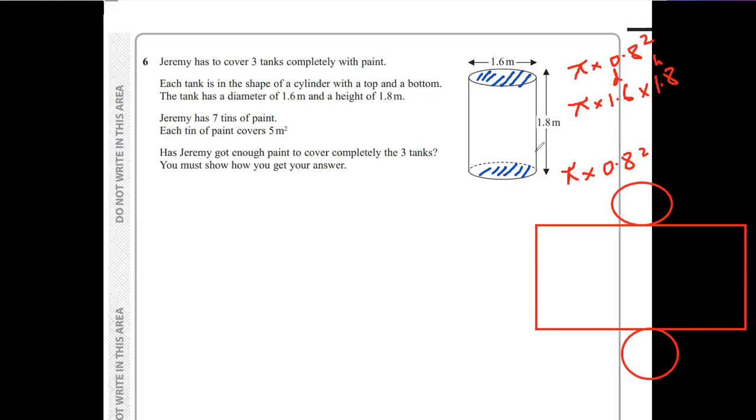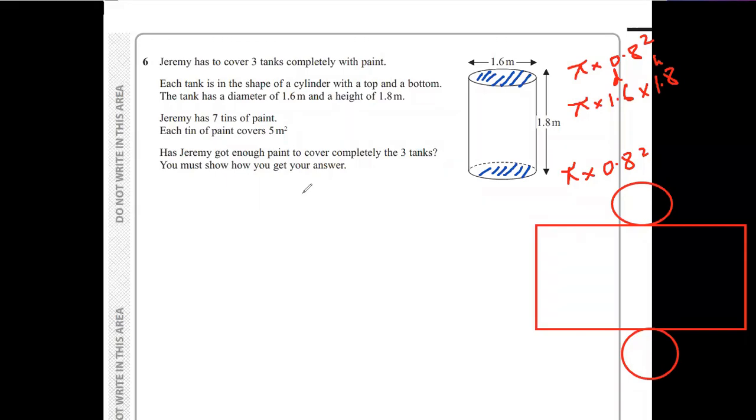Right, and if you add all of these up, who's going to do this for me and tell me the exact answer? So 0.8 squared times by pi, and then times by 2, because this is double, that is top and bottom, and plus you need to do pi times by 1.6 times by 1.8.